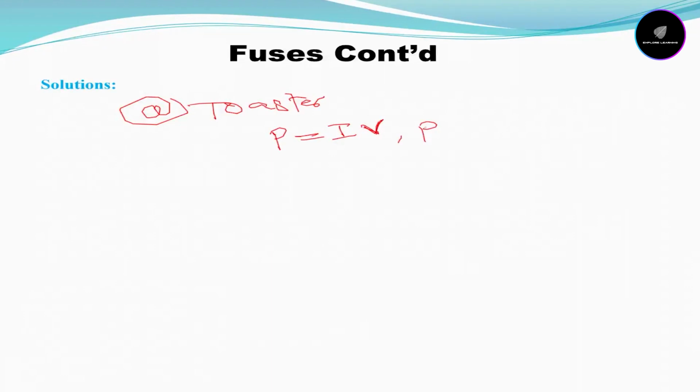Since power is 1 kW, which equals 1000 watts, to find which fuse will be appropriate in amps, all we need to do is say I equals P over V, which is equal to 1000 divided by 240.